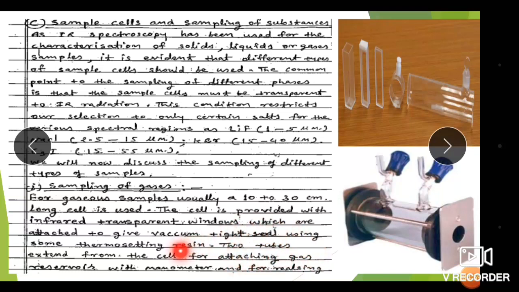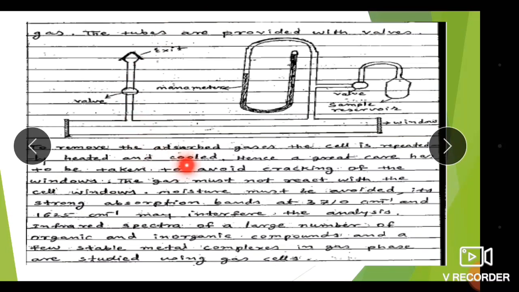The two tubes extend from the cell for attaching the gas reservoir with the manometer and for releasing. So the two tubes are attached to the manometer, and they are used for releasing the gas. So here is the diagram of how this tube is.